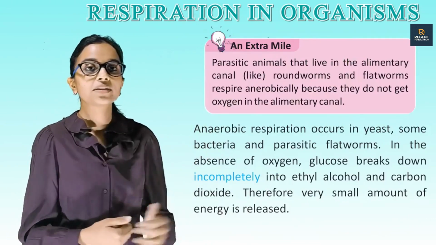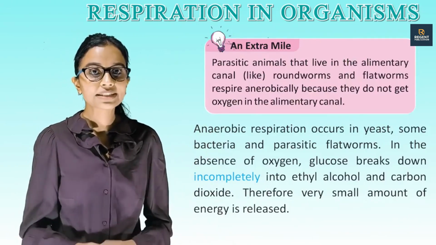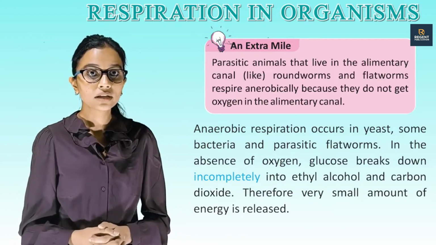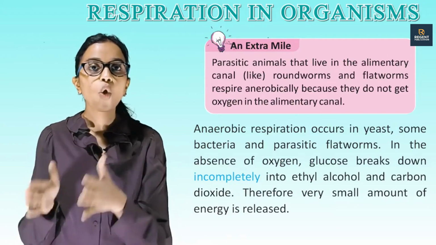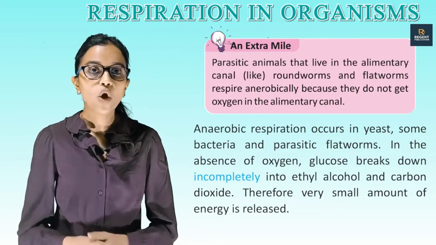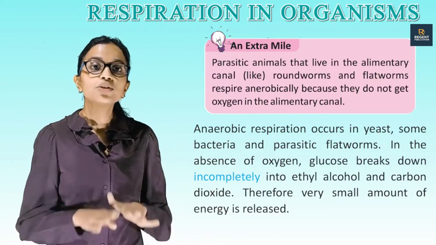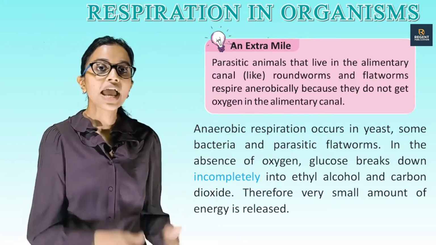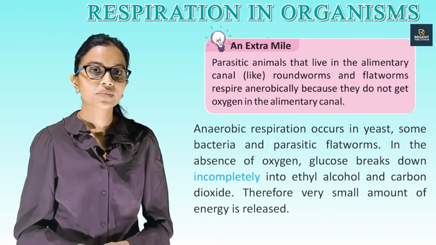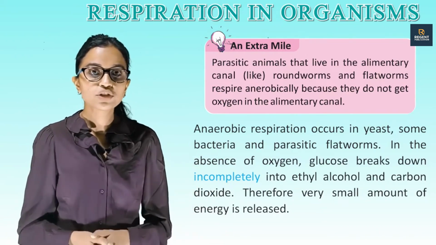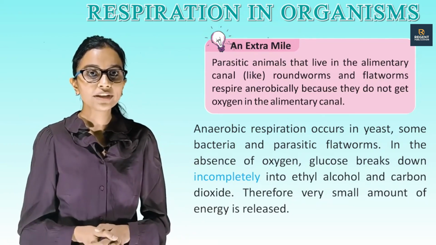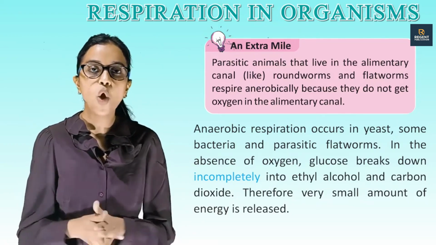An extra mile. Parasitic animals that live in the alimentary canal, like roundworms and flatworms, respire anaerobically because they do not get oxygen in the alimentary canal. Anaerobic respiration occurs in yeast, some bacteria, and parasitic flatworms.